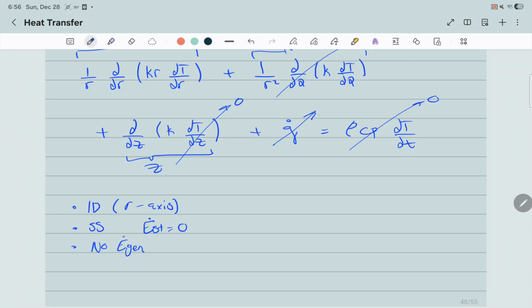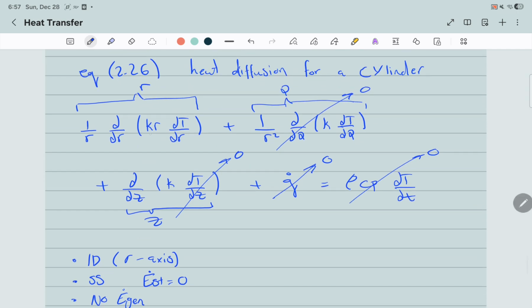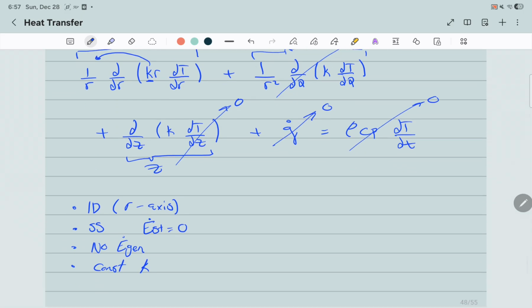Therefore q dot is 0. And last but not least, constant k value, meaning that k is not a function of temperature. Therefore, this k we have here can leave the differential and come outside it.